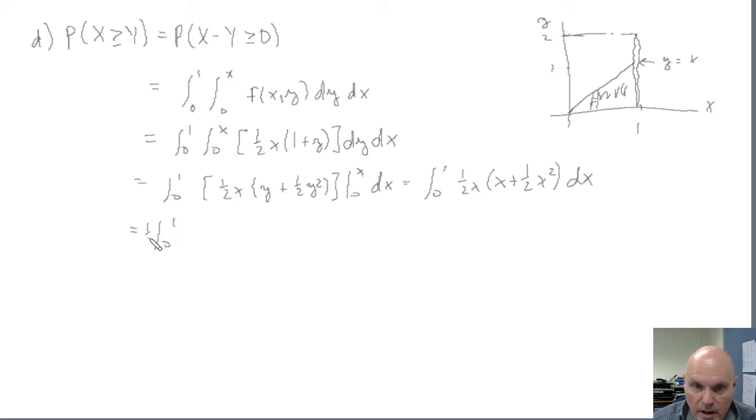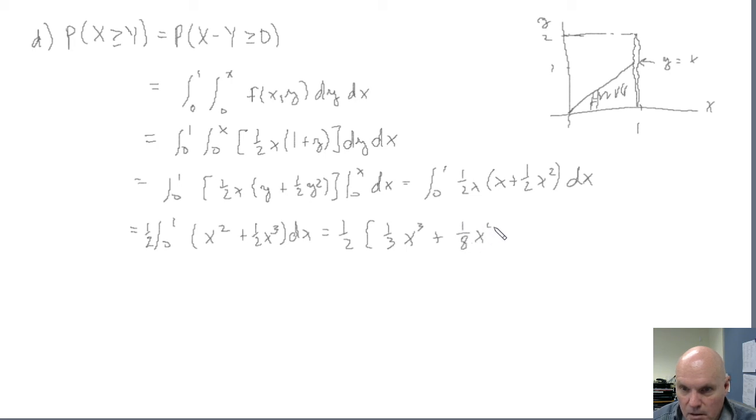I can pull the 1/2 outside, and multiplying x through, I'll have x squared plus 1/2 x cubed dx. Integrating with respect to x, I get 1/3 x cubed plus 1/8 times x to the 4th, evaluating at 0 and 1.